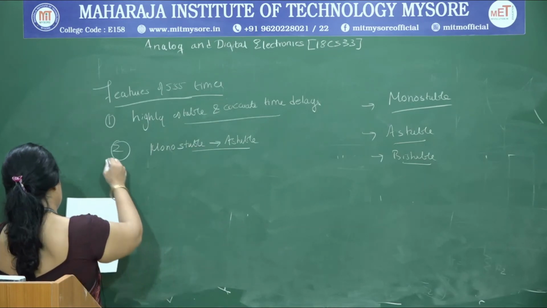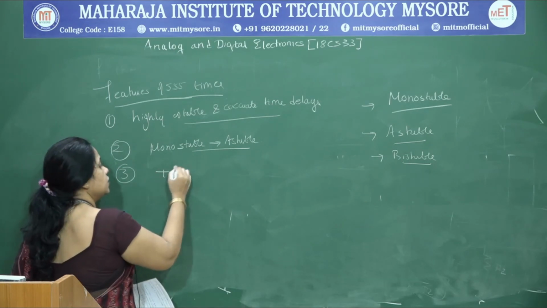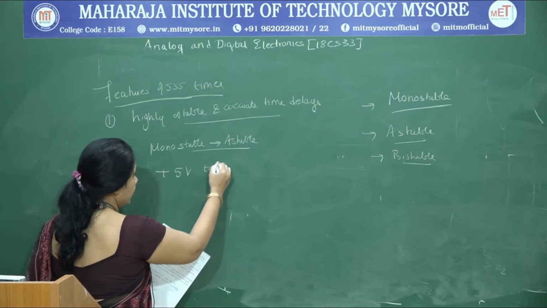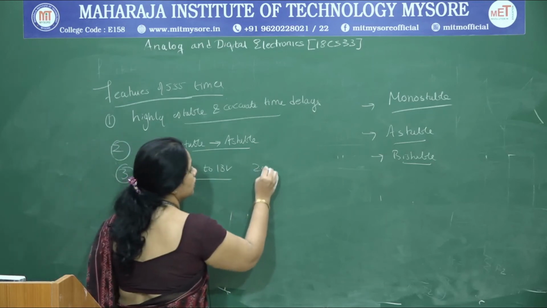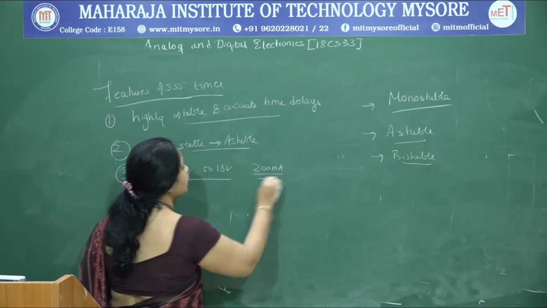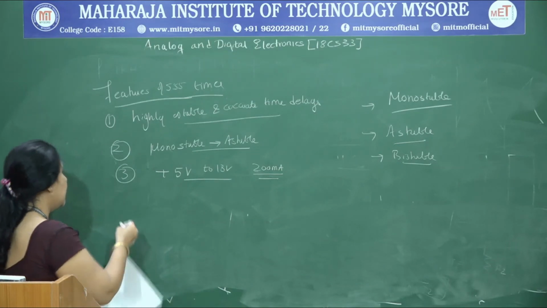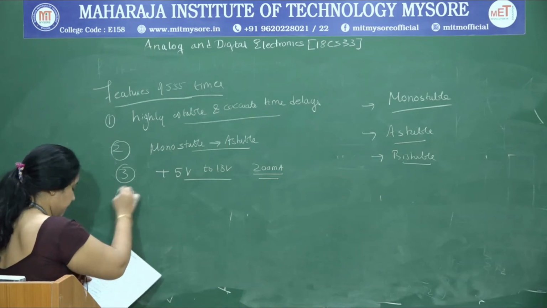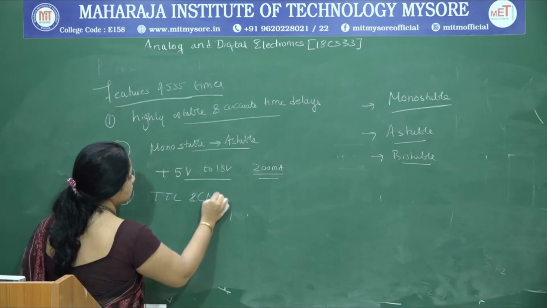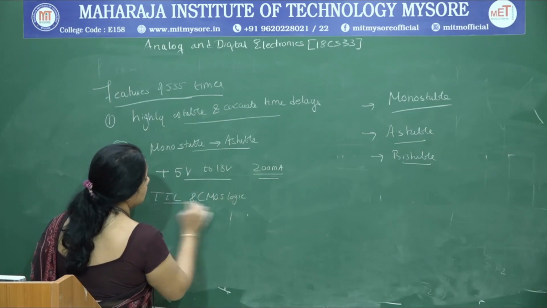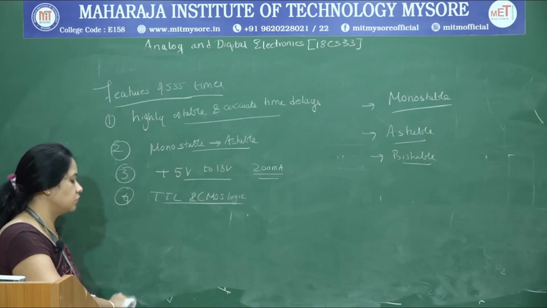The third feature is that it can operate in a wide voltage range of +5 volts to 18 volts, and it can drive up to 200 milliamps of current, which makes it suitable for various applications. The fourth feature is that it is compatible with both TTL and CMOS logic.